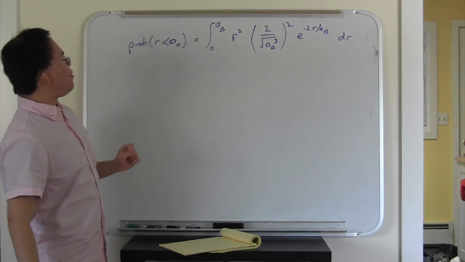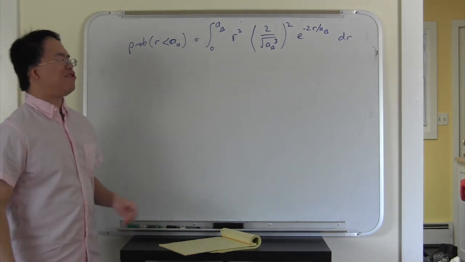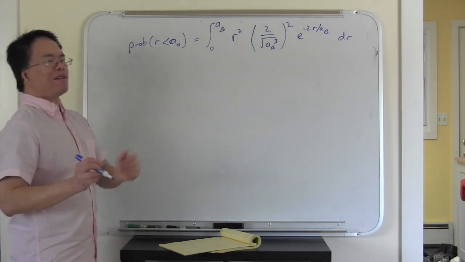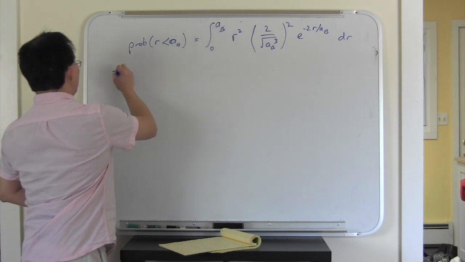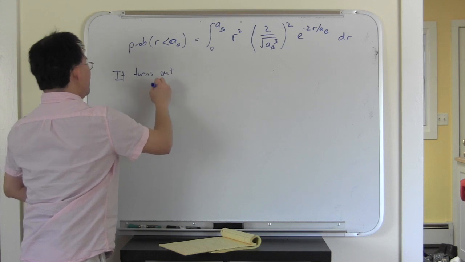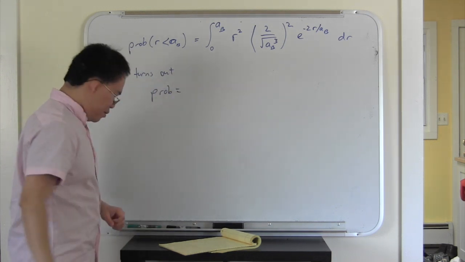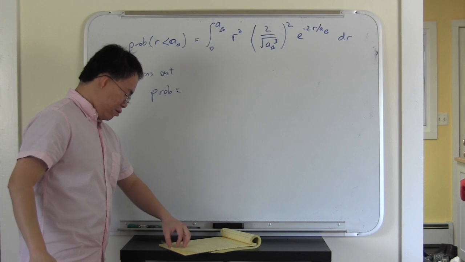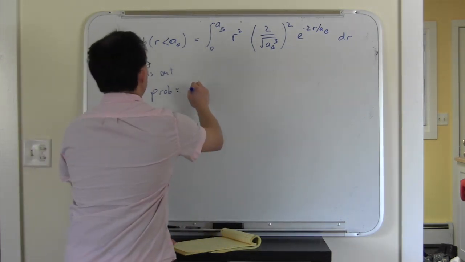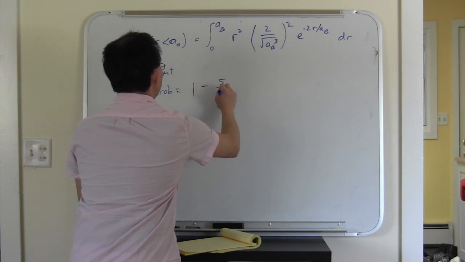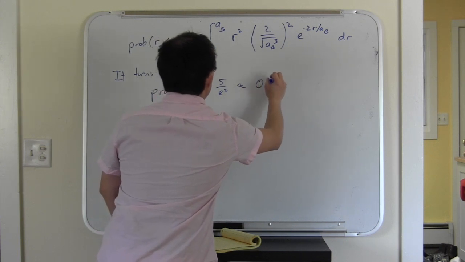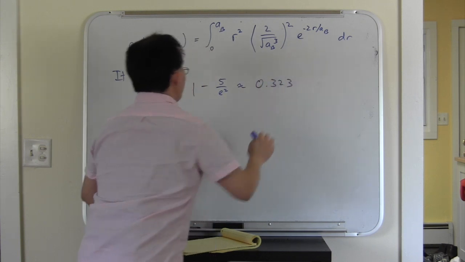Now it turns out this integral is doable. It requires repeated integration by parts. I'll just tell you what the answer is. It turns out that this probability is equal to 1 minus 5 over e squared, or about 0.323.